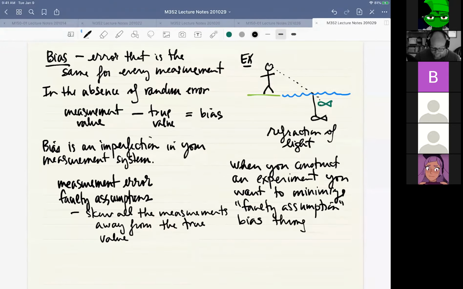And the way you do that is through knowledge. Okay. You want to know what you're talking about. You want to know all the phenomena that could affect what you're trying to measure and factor that into your design. Okay. Got to understand the theory, the phenomena.